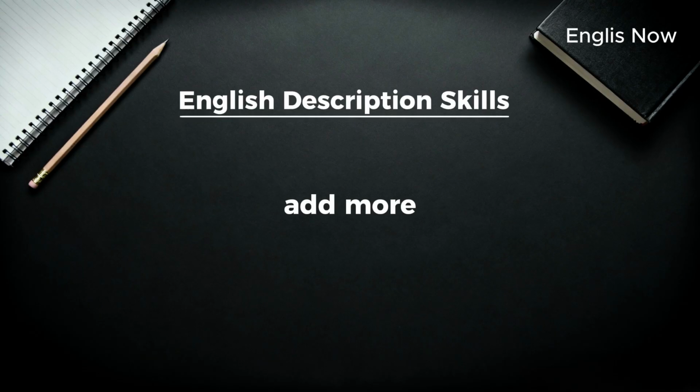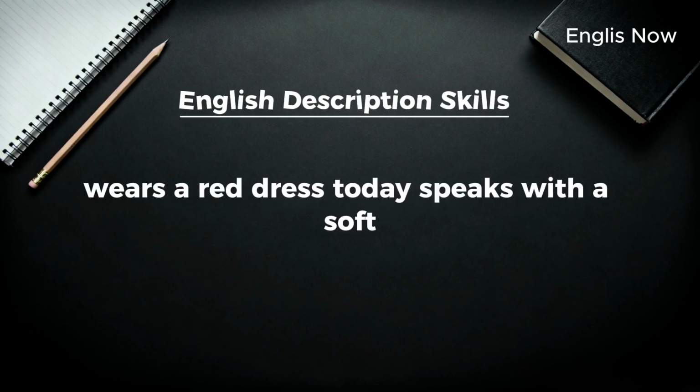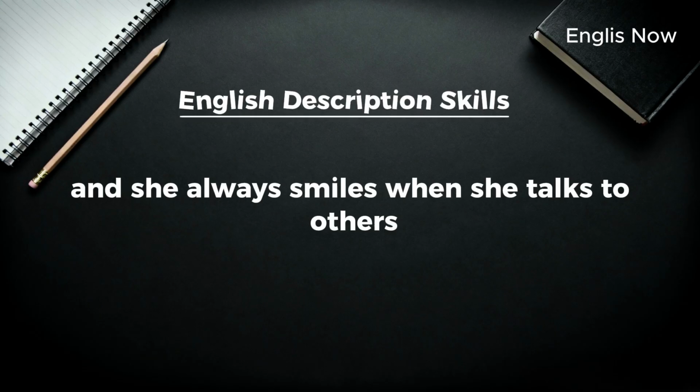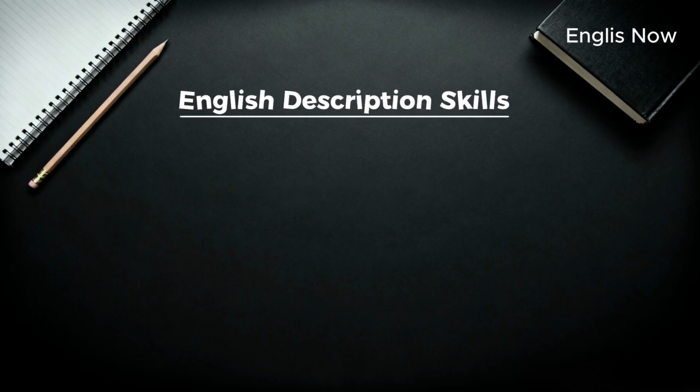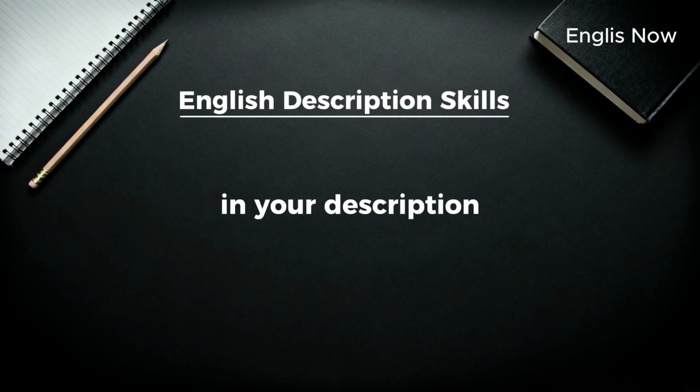Add more. She is young, has curly hair, wears a red dress today, speaks with a soft, gentle voice, and she always smiles when she talks to others. Each step makes the person more real in your description.